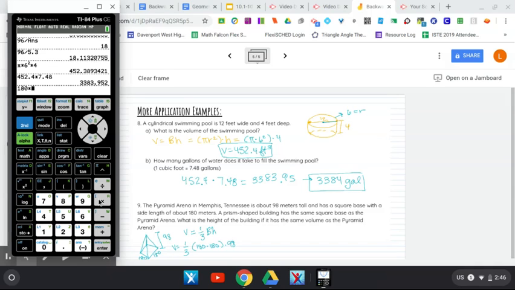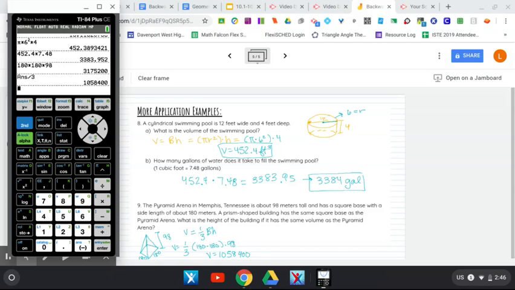So 180 times 180 times 98. And then 1/3 is essentially dividing by 3. So I'm going to go ahead and hit divide by 3 here. So the volume is pretty large. It's 1,058,400.